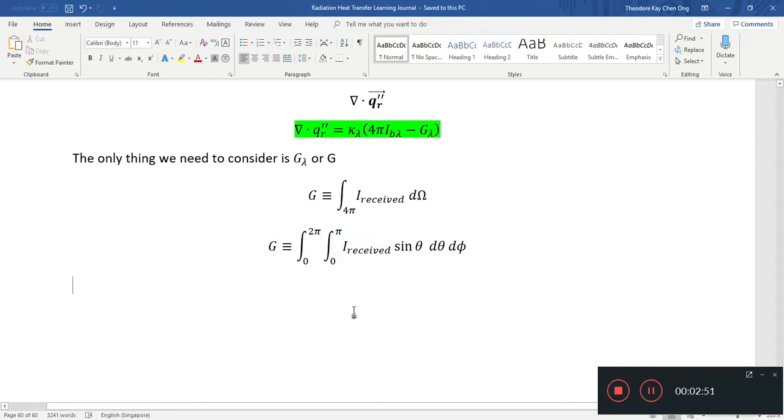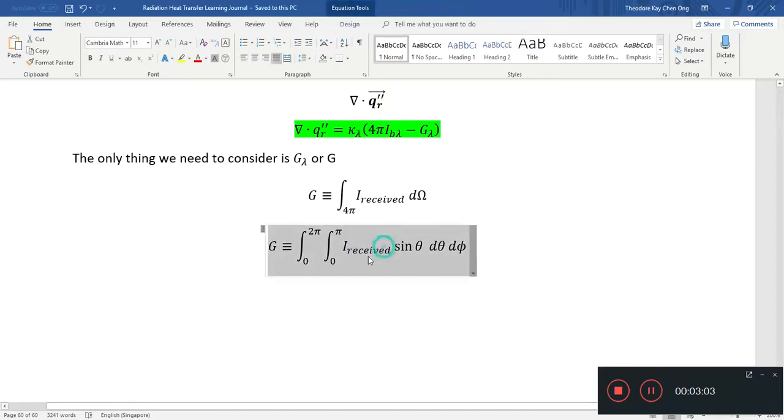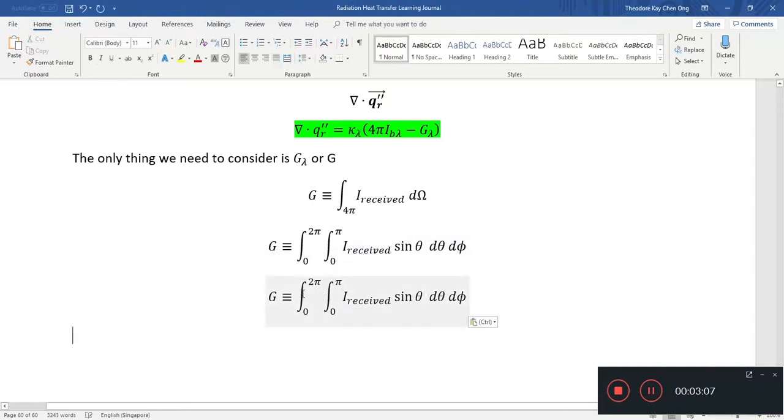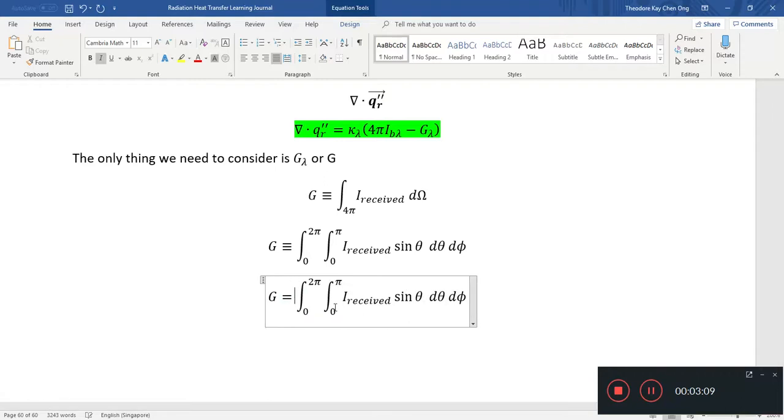So now how do we change this to something suitable that we know? Let's change theta to mu, and we'll get rid of the phi since we have azimuthal symmetry assumptions.